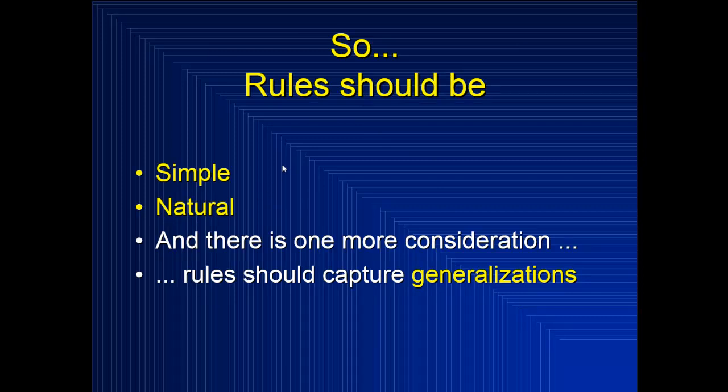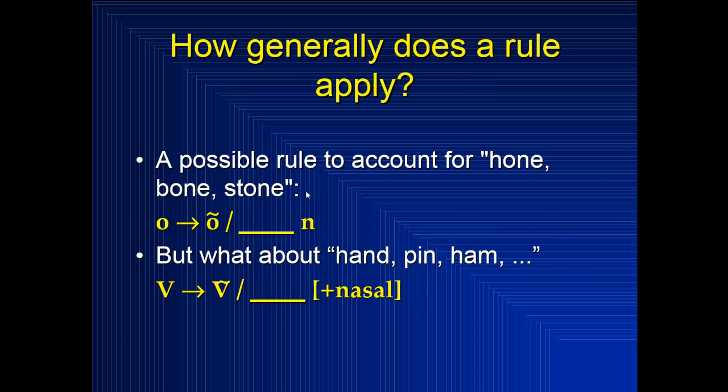So, in general, rules should be simple and natural. And there is one more consideration: rules should capture generalizations. For a rule to be considered a real rule, it should be general. How generally does a rule apply? A possible rule to account for hone, bone, stone: this O becomes nasalized after N. But what about hand, pin, ham?